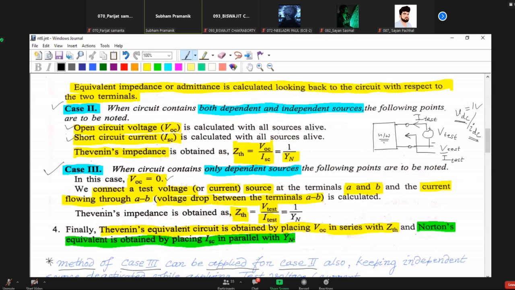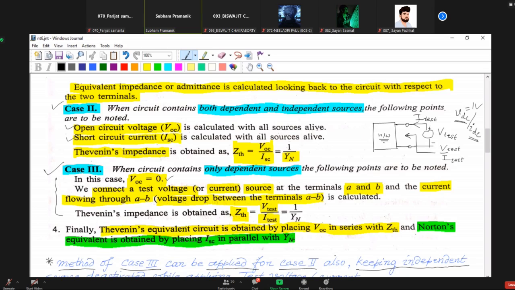But you need to remember that if you are applying the test voltage method for case 2, where the circuit contains both dependent and independent sources, then all the independent sources must be deactivated.